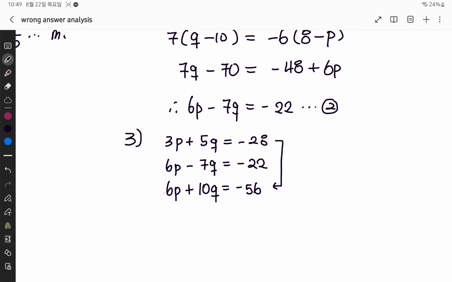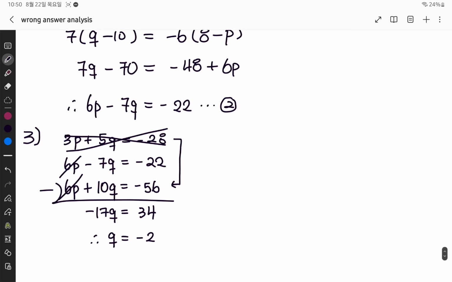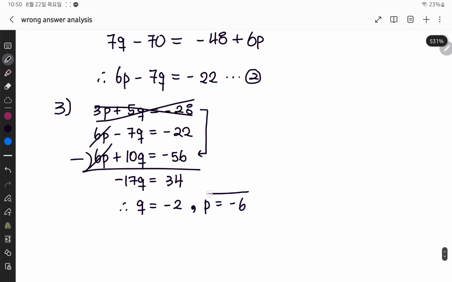So 6P cancels out, and I calculate 17Q equals minus 34, which is equal to Q equals minus 2. And now we can plug in the value to get P, which is minus 6. So therefore, our answer for this question is P and Q are minus 6 and minus 2.